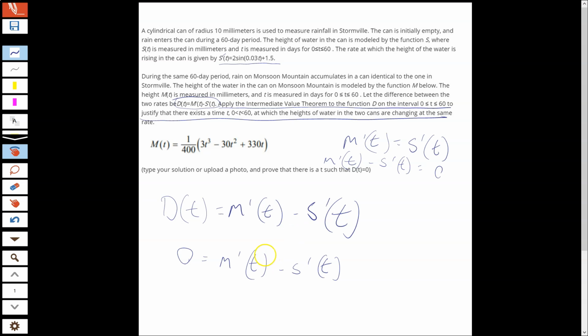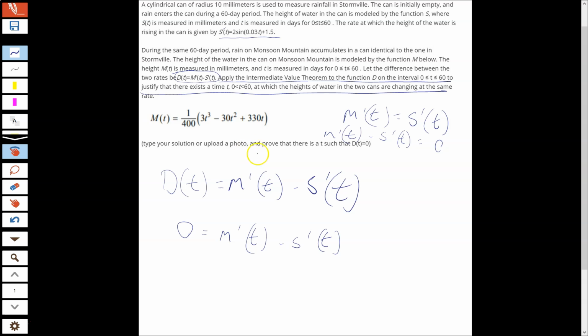Okay, so the next move is to figure out what this function is, and you already know how to do that. So what we have here is we have m. So we're going to take the derivative of m to get m prime. And I'm just going to leave that 1 over 400 in front. And then 3t to the third becomes 9t squared.